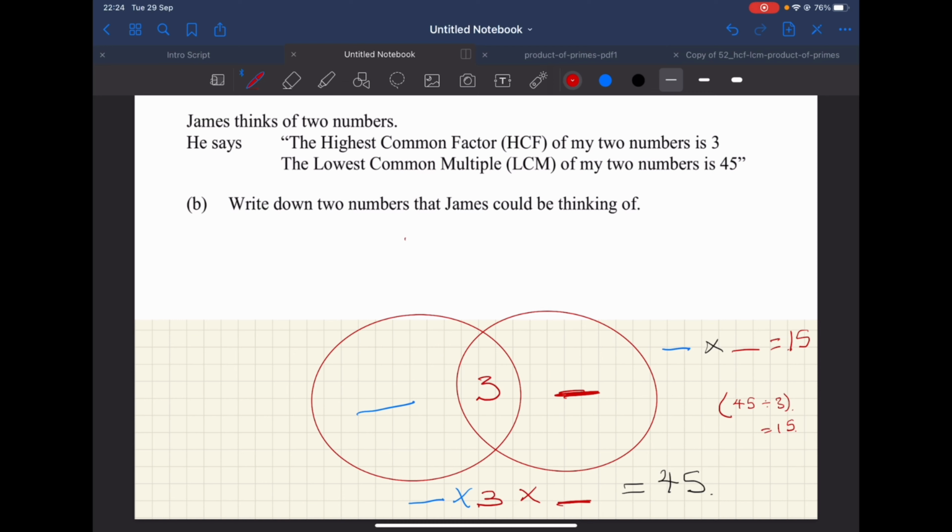All right, so the blue times the red equals 15. So what two numbers, since we know that the blue number times the red number equals 15, do we get to 15? There are only two numbers that we can multiply to get 15, and those numbers are, yep, you guessed it, 3 and 5.